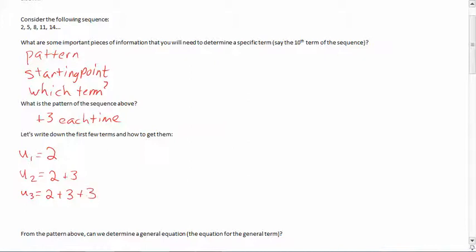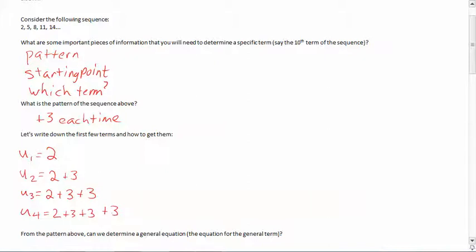Okay, you see what's happening here? Rather than writing 2 plus 6 or writing 5 plus 3, we use this idea of our starting point, and we said, well, I'm going to add 3 and then do it again for the third term. So now let's look at the fourth term. So U4 is going to be 2 plus 3 plus 3, because that's what the third term is, and then I'm going to add 3 one more time.